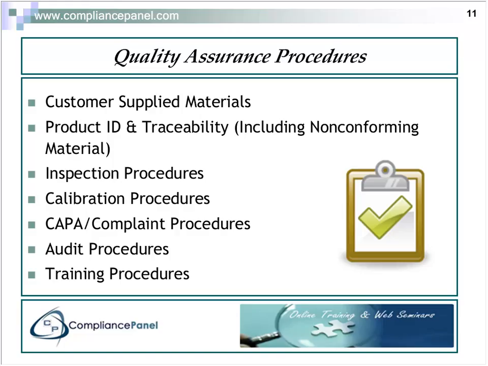So I think that's one key where a lot of companies don't really specify that training to the individuals who need to have it, and that's written right in 21 CFR Part 820.